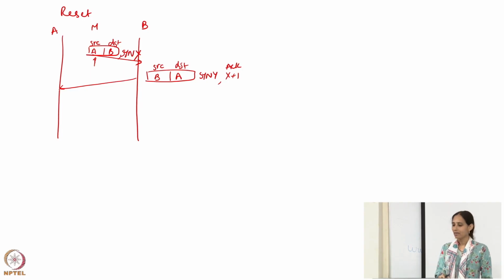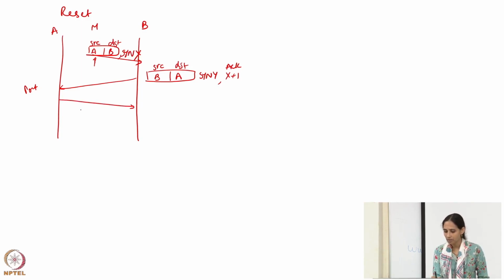Now, A will see this packet, it will be listening on some port corresponding to whatever this destination port is, and it will say, what is this, I have not even started this connection and now I am receiving a packet with certain parameters. So, immediately the default behavior for this is reset.